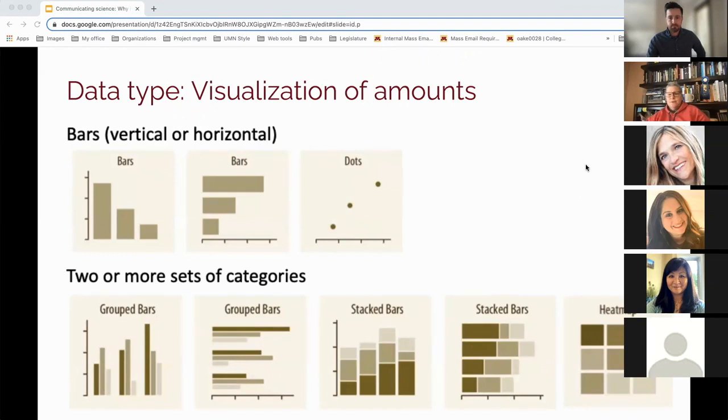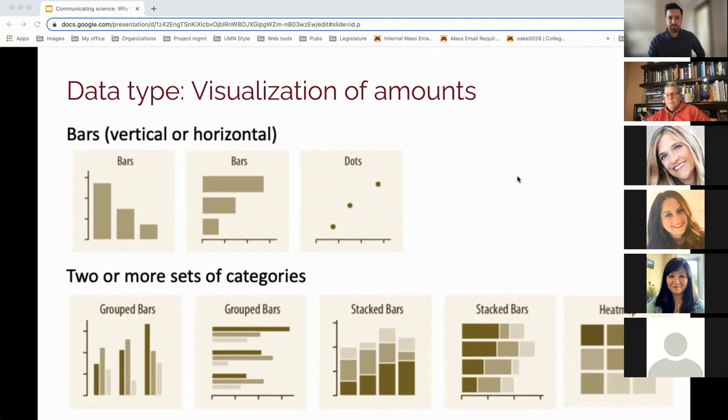All right, so the first thing that we're often trying to do is visualization of an amount, and comparing amounts across different categories. So I've put on this slide several different options that we use in science. But the top line is really the bars, either vertical or horizontal, that are a comparison of amounts across categories.